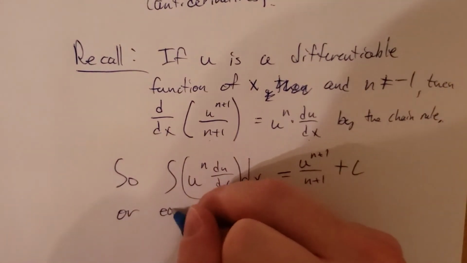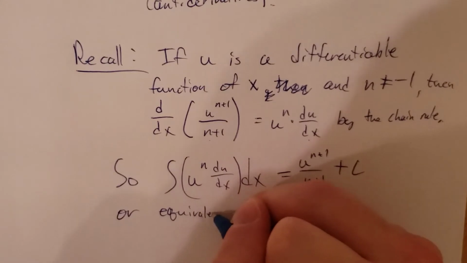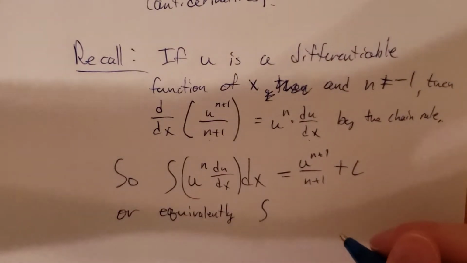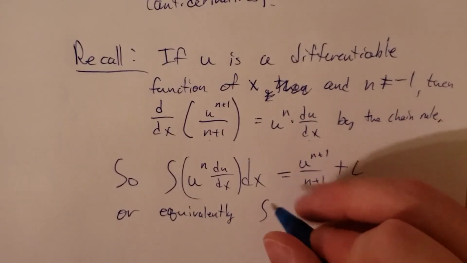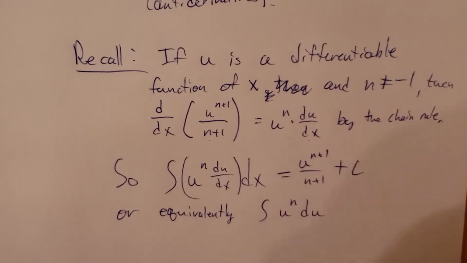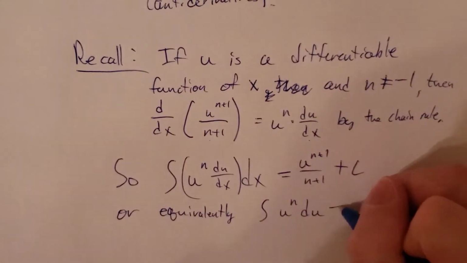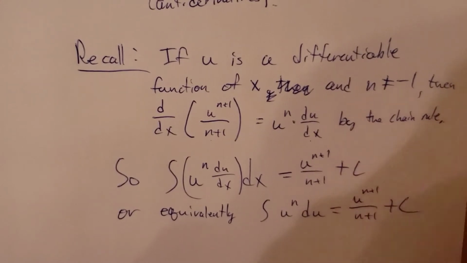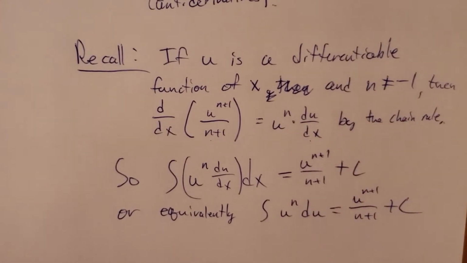Or equivalently, if we wanted to write our integral in terms of u and integrate with respect to u, then this is the integral of u to the n du, and that is u to the n plus 1 over n plus 1, all plus some constant c.